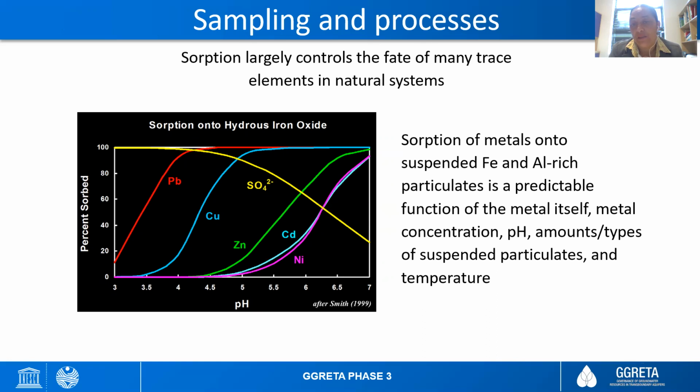So as an example here, sorption of metals onto suspended iron and aluminium-rich particles is a predictable function of the metal itself, where you have metal concentration, pH, the amount or type of suspended particles and temperature all playing a role in the reactions that take place.